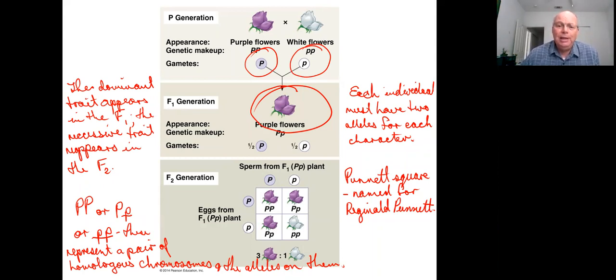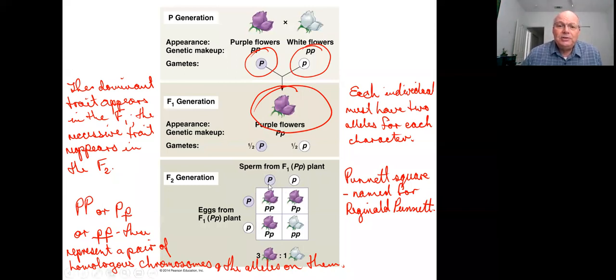The uppercase P is used for the allele for the dominant trait, and the lowercase p is used for the allele for the recessive trait. And this is a common thing that we do in Mendelian genetics, and only in Mendelian genetics and genetics that is related to Mendel's observations. You'll see a different way of representing alleles and genes when we do chapter 15 in the next presentation.